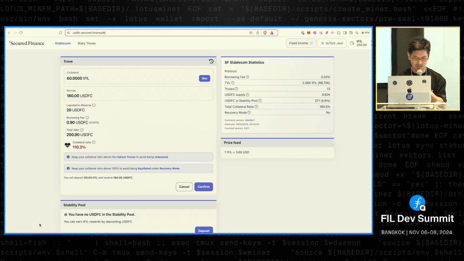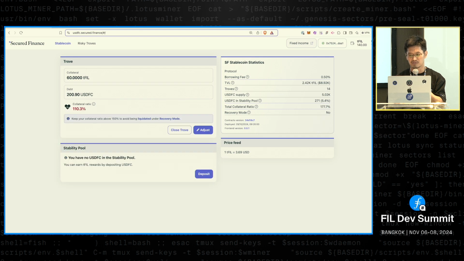Oh, now it's confirmed. This trove is not reflecting yet, because you will see how much USDFC you have here after every transaction goes through. See, this is 180, which I borrowed, while my entire debt is 200.9.